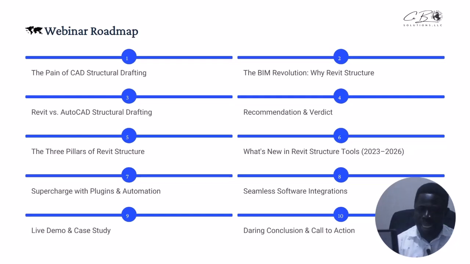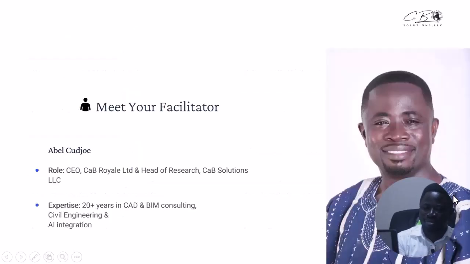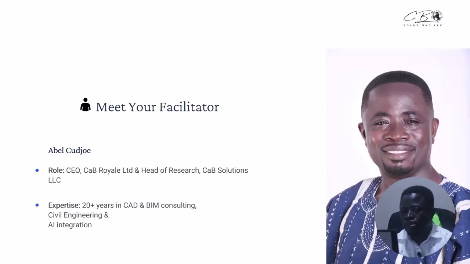But before I start, I haven't introduced myself. That's me. My name is Abel Kujo. I'm a civil engineer. I'm the CEO for Cab Royale Limited. I'm the head of research for Cap Solutions LLC. When it comes to CAD and BIM, we have a combined experience of over 2 decades, and many more years. We are into CAD and BIM consulting.